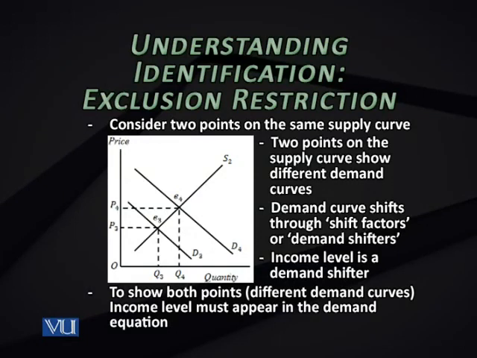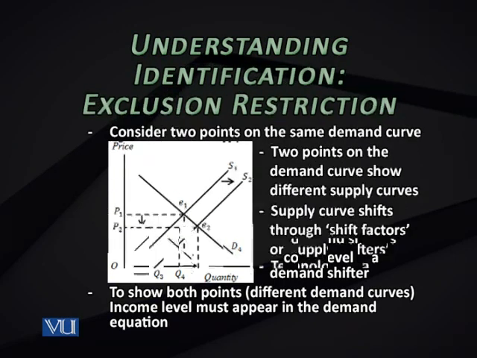So if you look at the screen, you are seeing the given supply curve S2 and D3 and D4 as 2 different demand curves that have been shifted through the shift factors in demand, or what you can call demand shifters. So income level is a demand shifter. So to have these 2 points, we have shifted the demand curve and our purpose is solved.